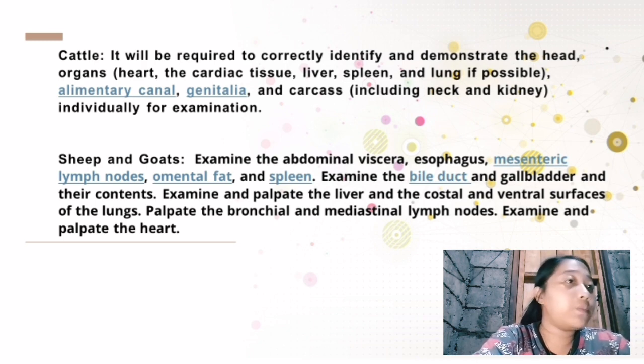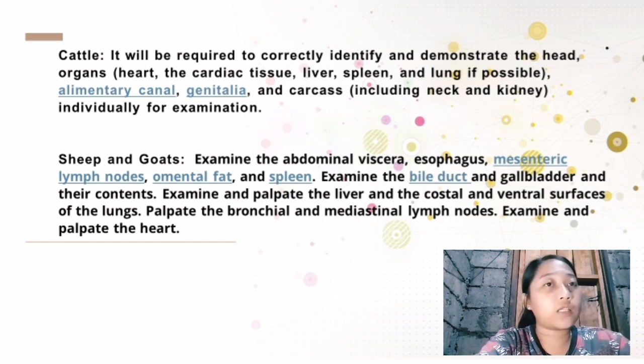Examine and palpate their liver in the costal or ventral, costal or dorsal, and ventral surfaces of lungs. Palpate the bronchial and mediastinal lymph nodes, examine and palpate the heart. So, as I have said before, palpate is like touching the nodes, the parts of the livestock.